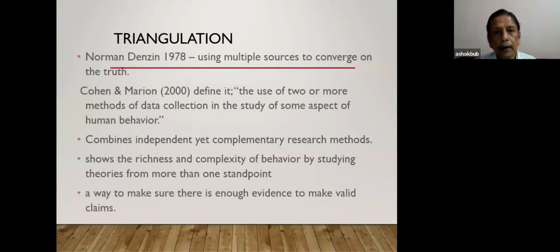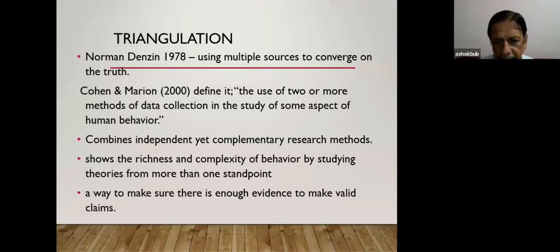Now, some definitions of multi-method or triangulation. Denzin was the first to come out with the concept of triangulation, using multiple sources to converge on the truth. So what exactly is the reality?